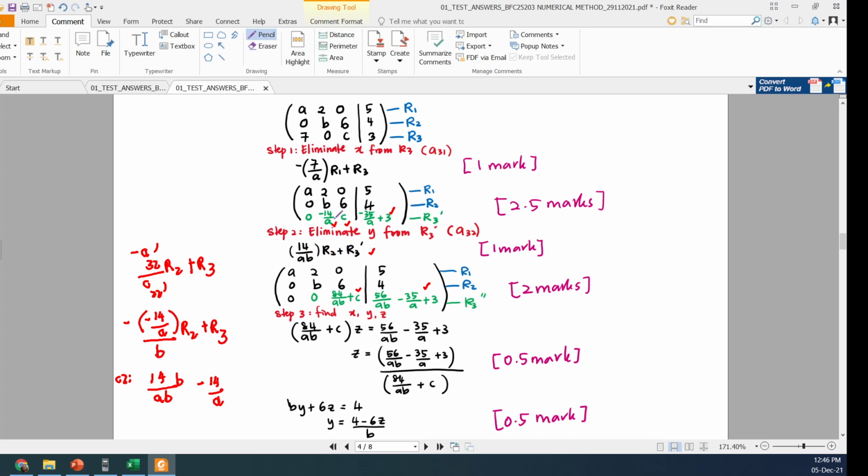In column 2, row 2 is B. So B and B cancel. So 14 over A minus 14 over A, that's why you get A32 as 0.